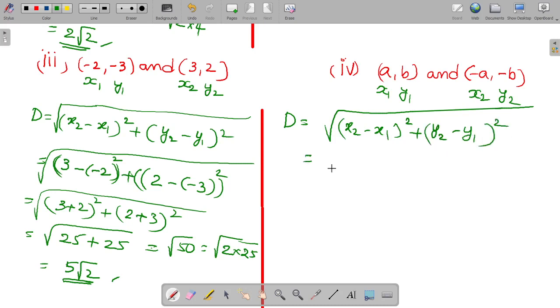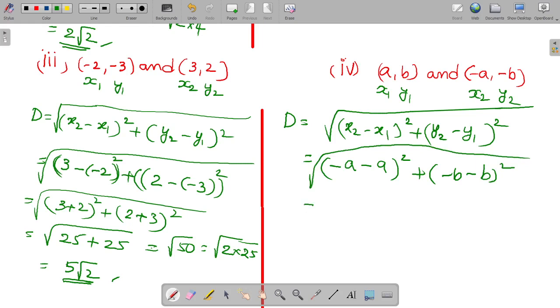Here x2 is minus a minus x1 is minus a whole square, plus y2 is minus b minus y1 is minus b whole square.